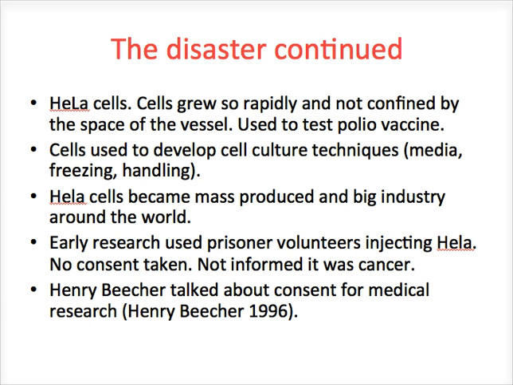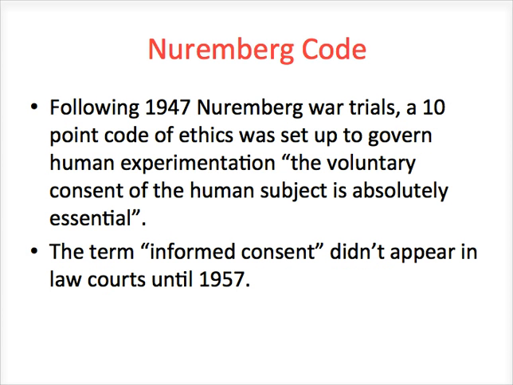So going just down to the bullet point number 4, no consent was taken by her family, and early experiments using these cells were injected into prisoners. So really we're doing completely uncontrolled human clinical medical research here. And Henry Beecher was one such person who started to publish, that should be 1966, the need for medical consent in research.